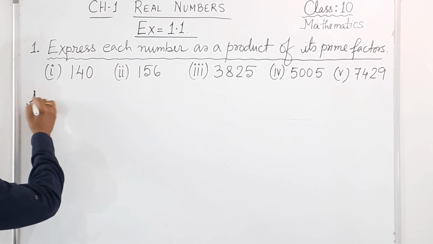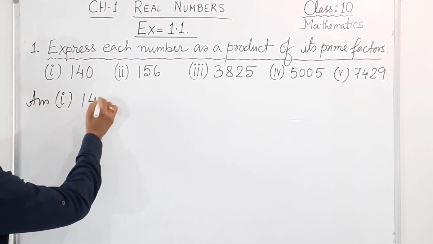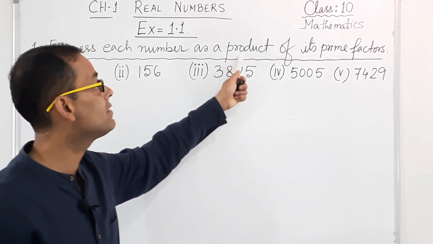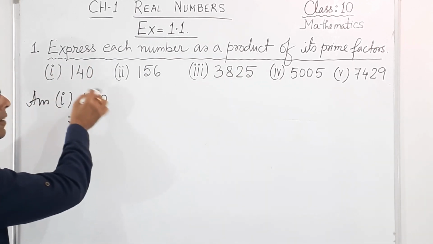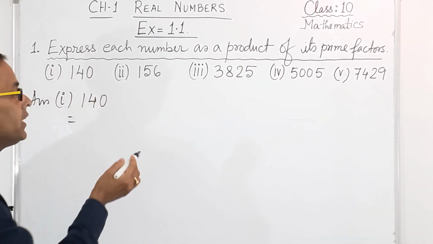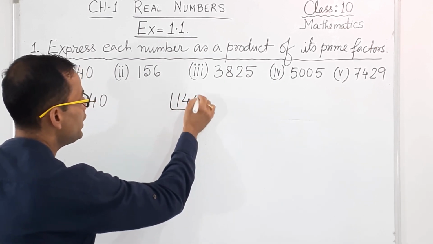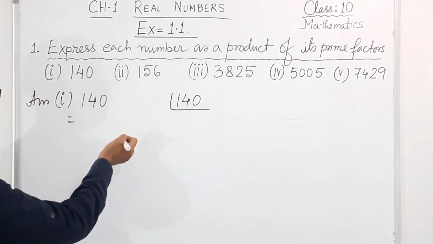Now if I want to solve this one, answer Roman 1, 140, then I have to represent 140 as the product of its prime factors. So to find the prime factors of 140, I will write 140, and by the prime factorization method I will find the factors.